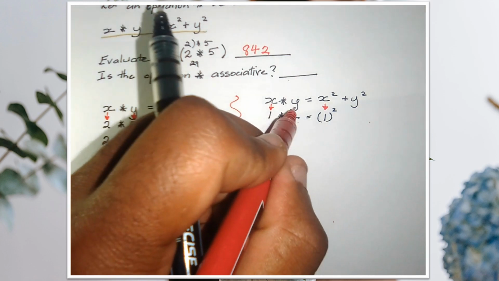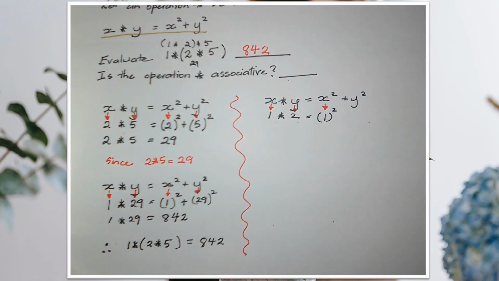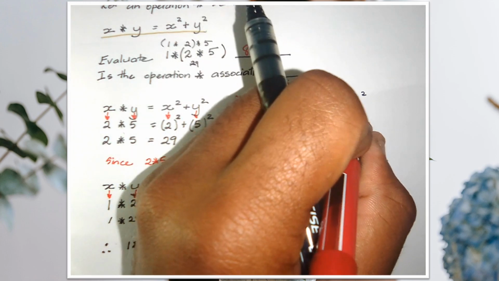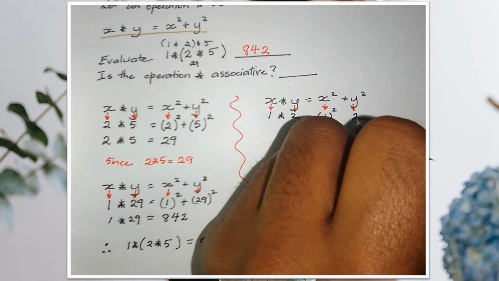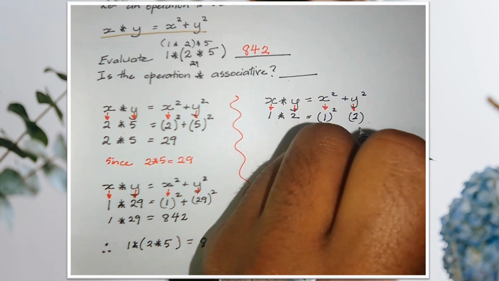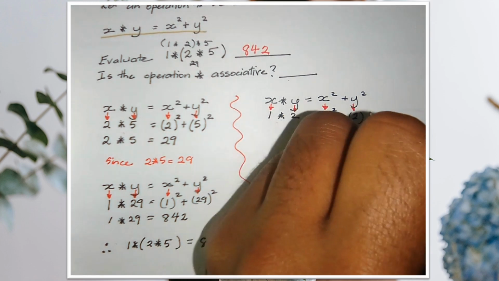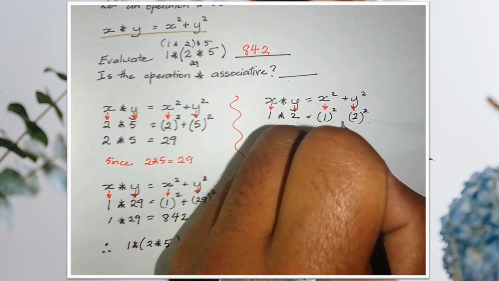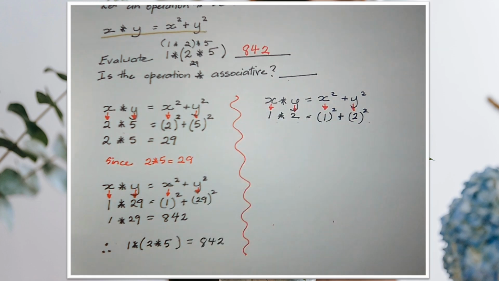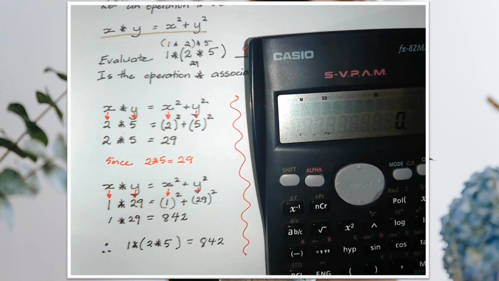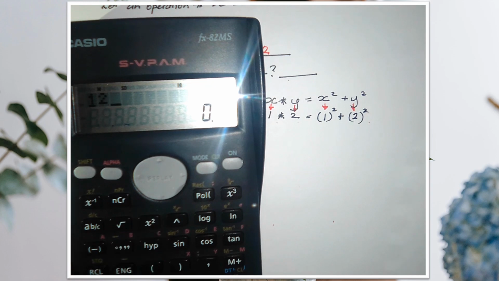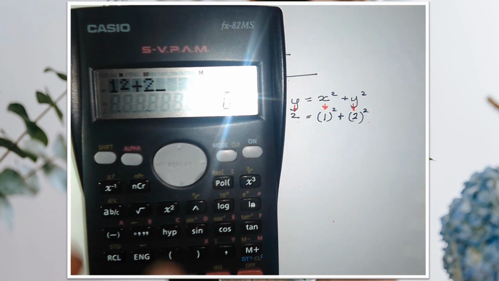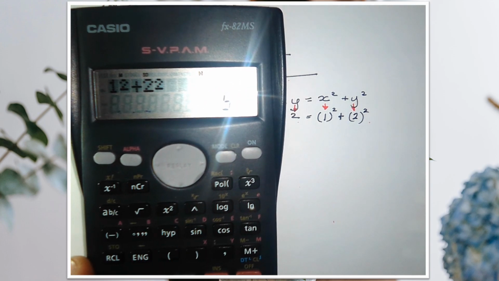Look, the value of y is going to be 2. So I'm going to have to look for y and put 2. The y had a square, so this 2 should have a square. There was a positive there, so a positive should be right here. And then we can evaluate it using the calculator. 1 squared plus 2 squared is equal to 5.